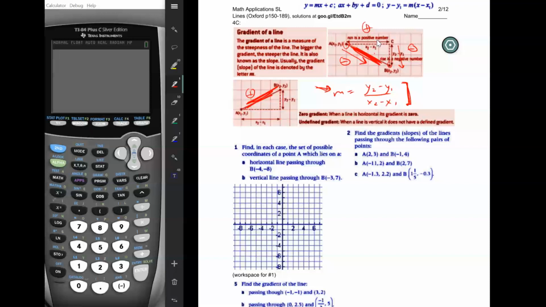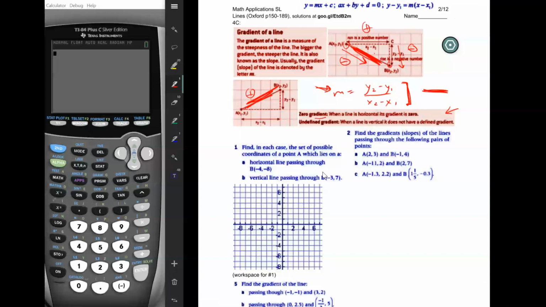Okay? All right. So let's use the calculator to find some of these slopes, and you can see how this works. 2 important notes here: when you have a flat slope or no slope at all, that is a 0 slope or a 0 gradient. In our book, they call it gradient.